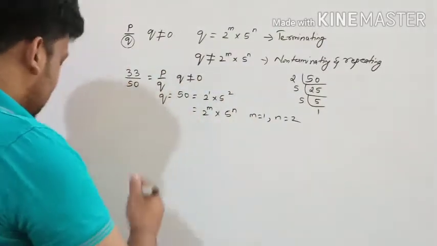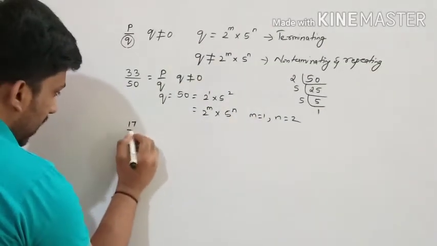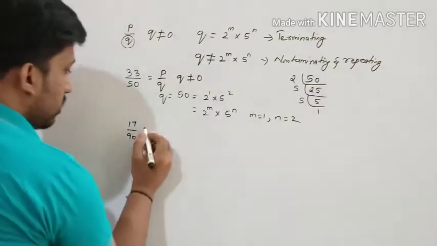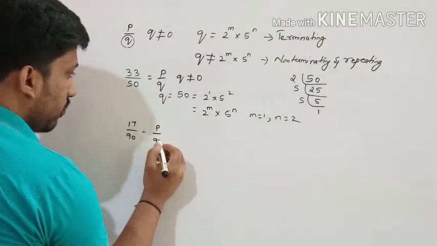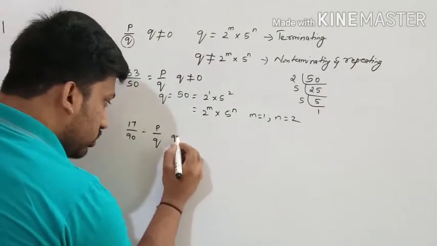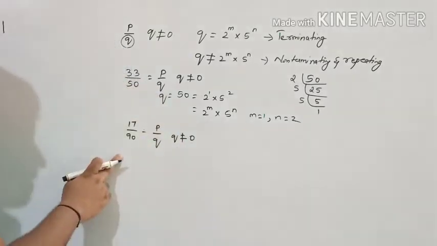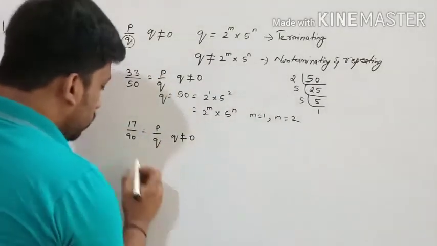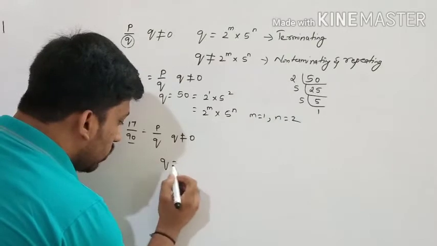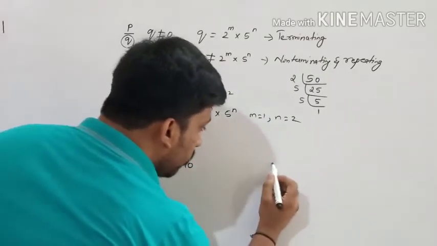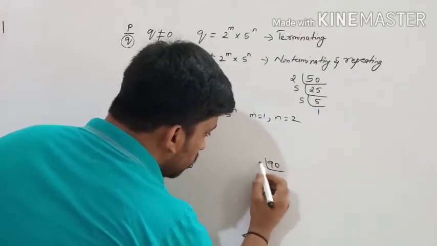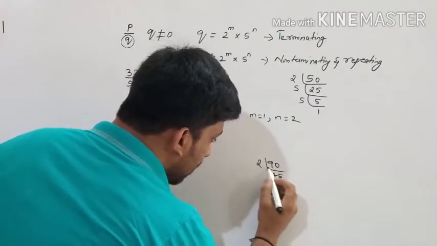So let me take some other example like 17 by 90. So here this is also p by q and where q is not equal to 0. The first condition satisfied. Now what I am going to do, the denominator q is equal to 90, I am going to take. Again I am going to divide 90. So 2 into 45 is 90.